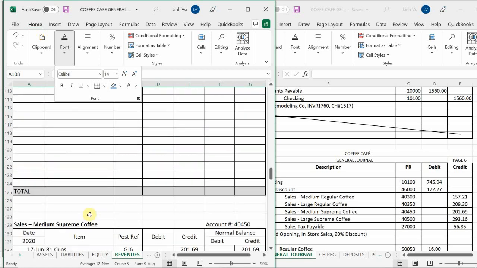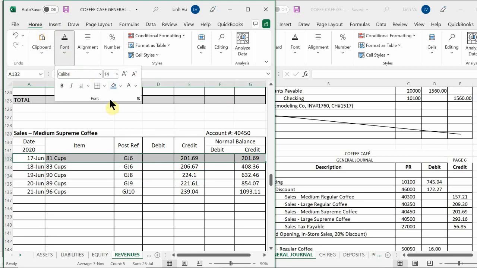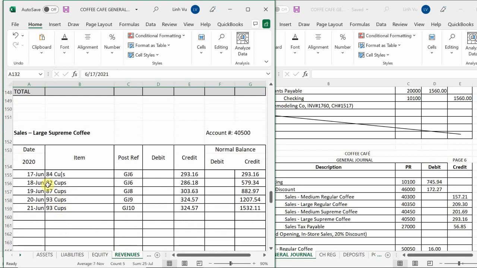And we had the coffee for 201, correct. To be honest, I feel like this is a cost of goods sold that we skipped. I have a feeling it's the cost of goods sold. Let's see. 293.16. Yes, we have it. 293.16.